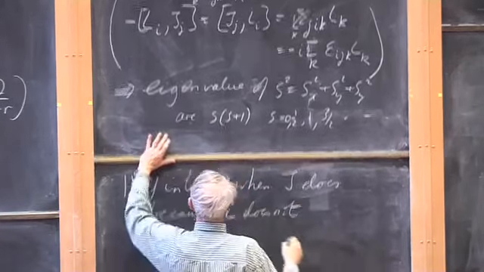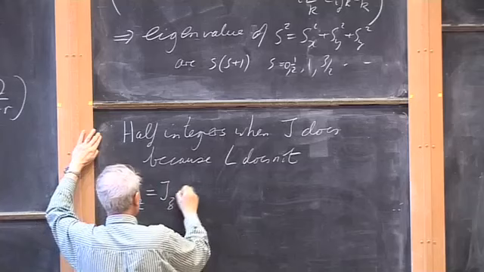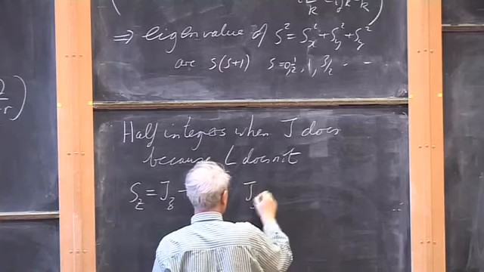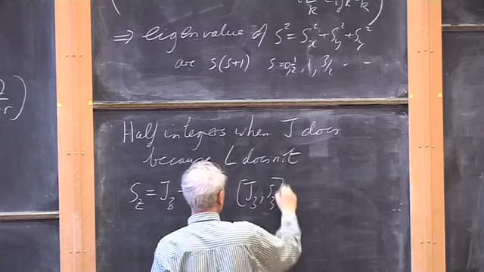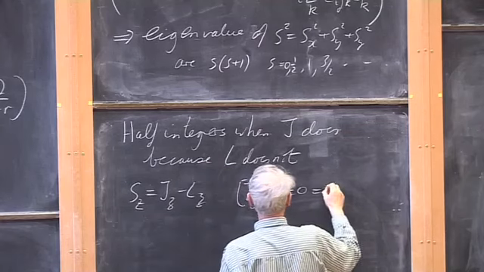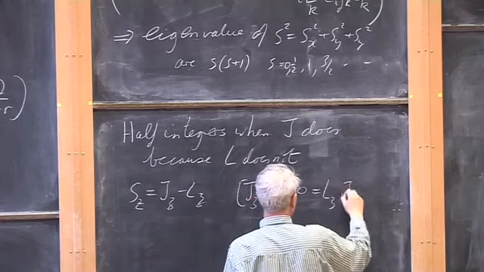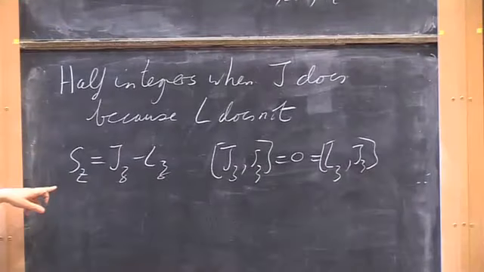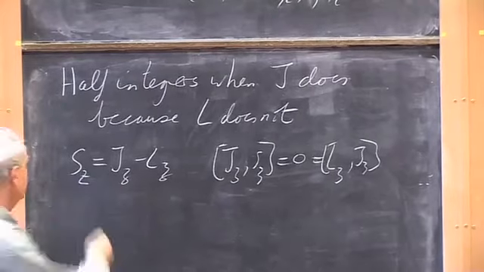That's because Sz is equal to Jz minus Lz, and Jz comma Sz equals nothing, which is also the same as Lz comma Jz, etc. All these three operators commute with each other, so there's a complete set of mutual eigenstates.